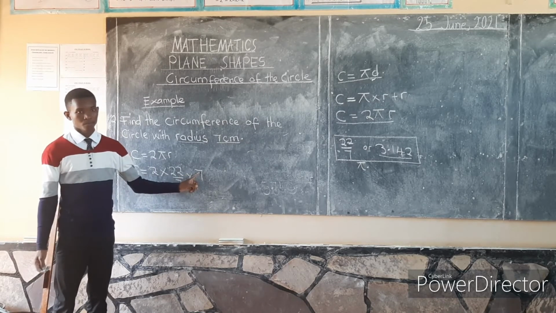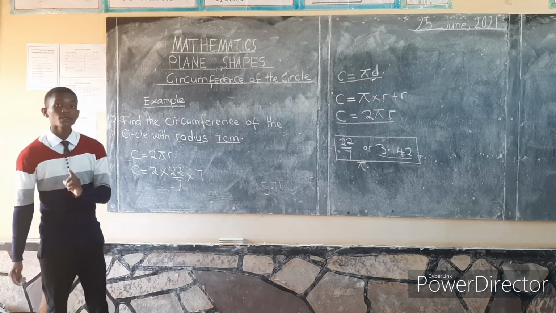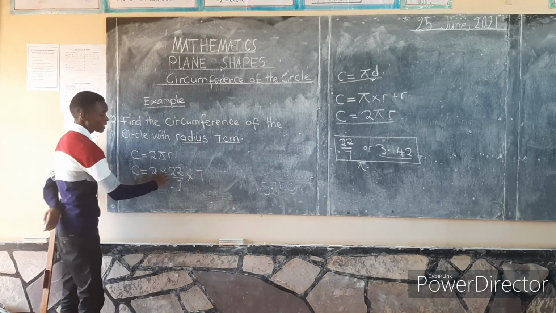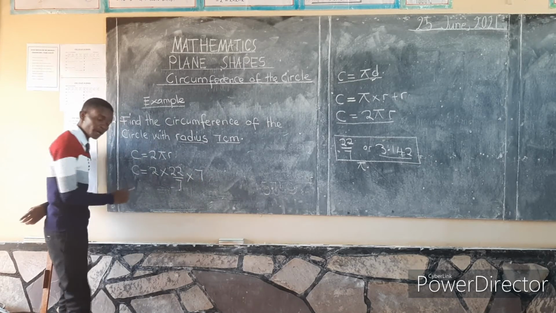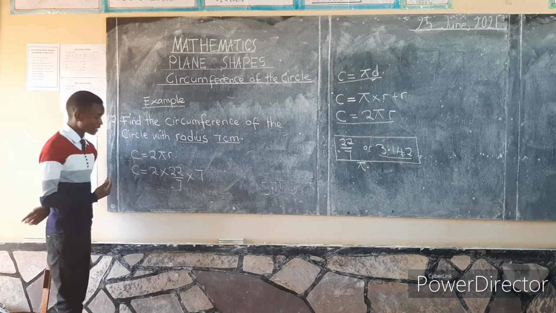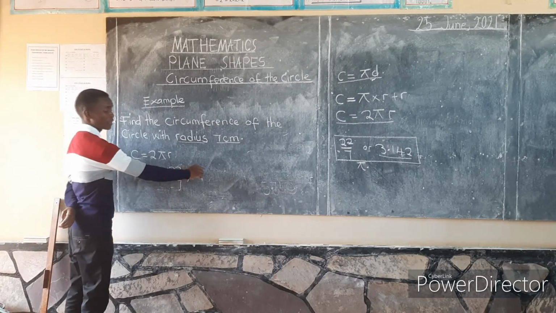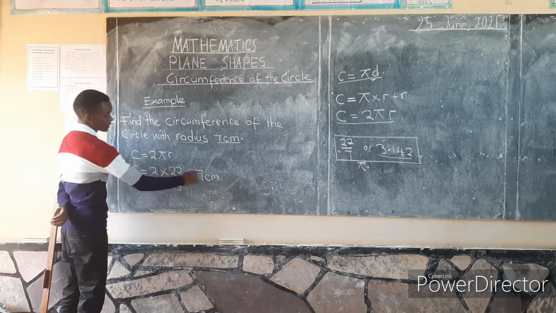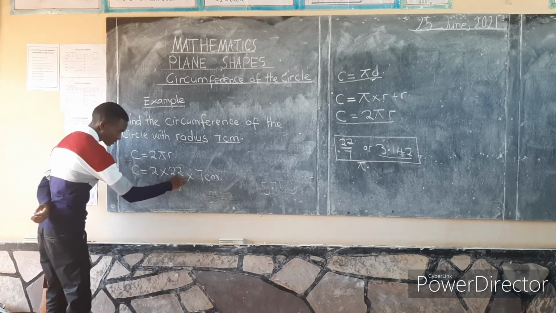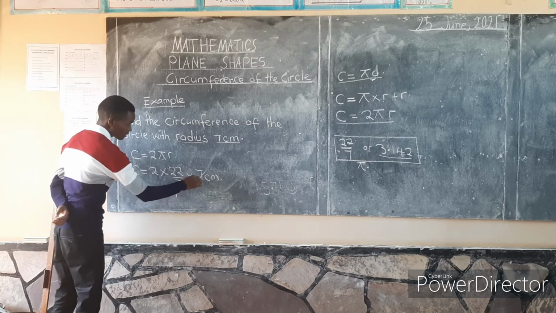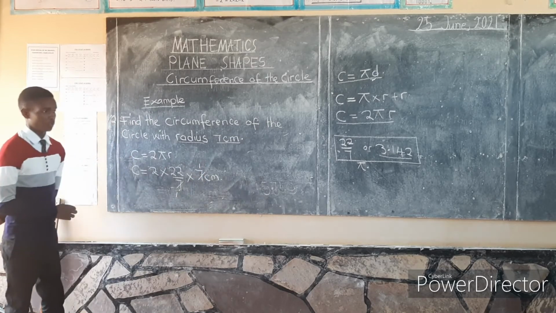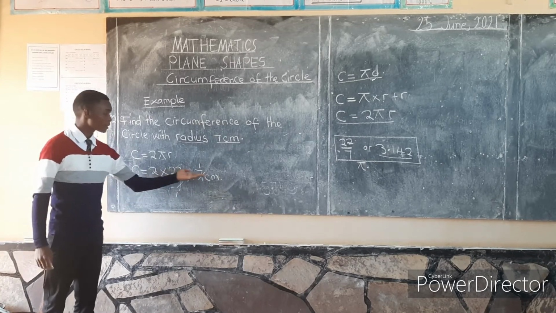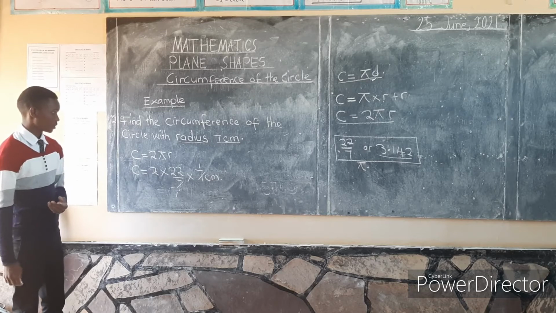Initially, you're supposed to multiply everything that is on top and then divide by 7. But in this case, 7 can go into that 7 there. So I'll have a 1 there and a 1 there, so that I reduce it for me to multiply without difficulties.